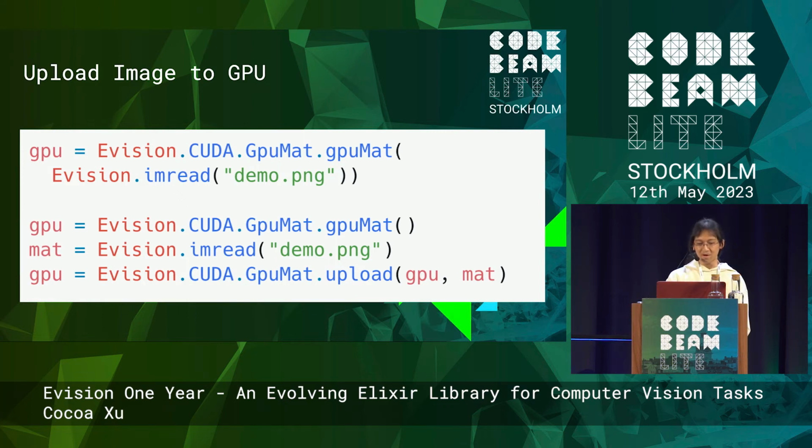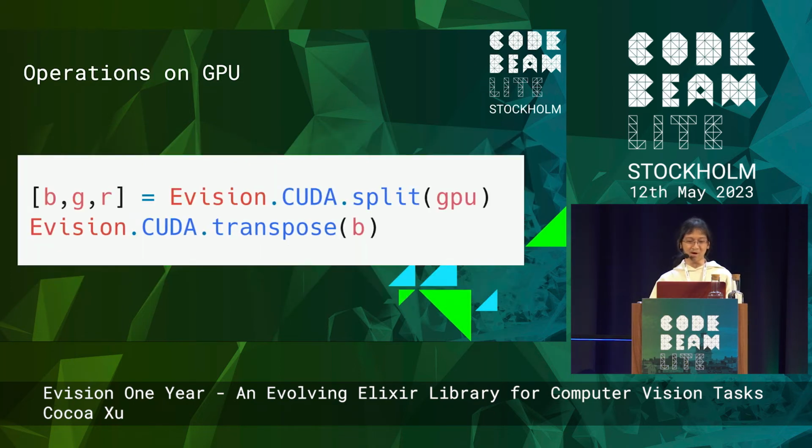Or you can have an empty GpuMat, and maybe you generate your image somewhere else, and then you call CUDA.GpuMat.upload and specify which Mat you want to upload to the GPU. This is how you transfer the image data from your CPU memory to GPU memory.